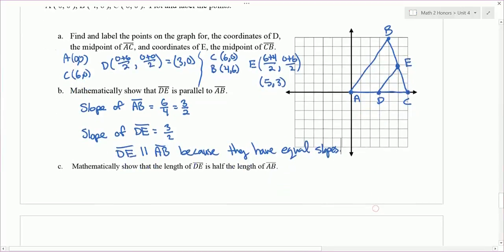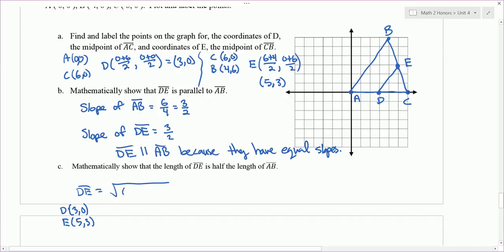C, mathematically show that the length of DE is half the length of AB. So we're going to use the distance formula. So the distance, or the length DE, take the square root, take the two x values of your coordinates. So D is at 3, 0, and E is 5, 3.